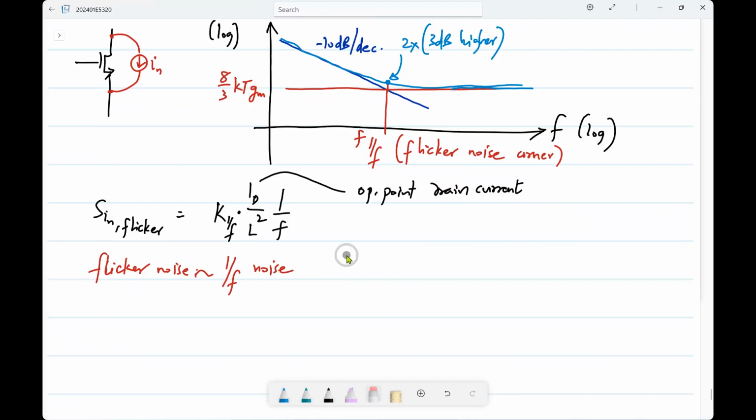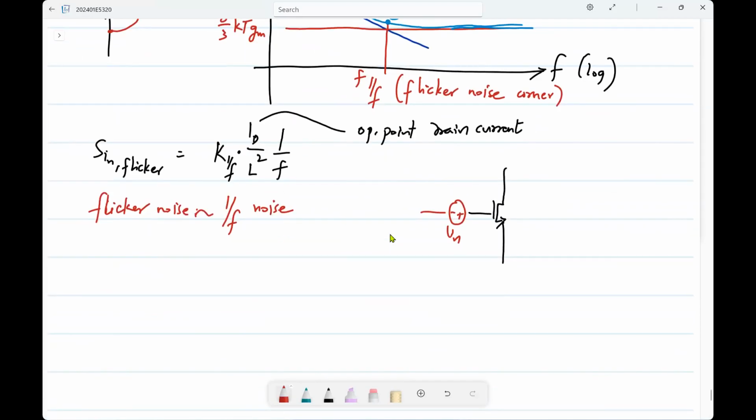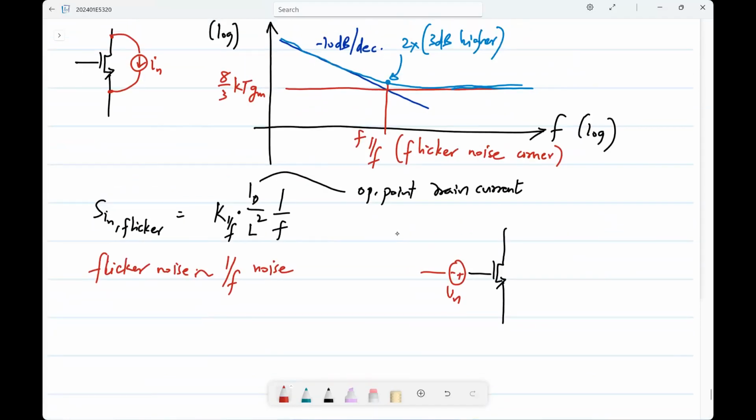Now, just for flexibility of calculation, we would also refer this to the gate. Okay. So what will be the spectral density of Vn? Sin is some constant times Id by L square times 1 by f. So what will be Svn? That divided by Gm square.